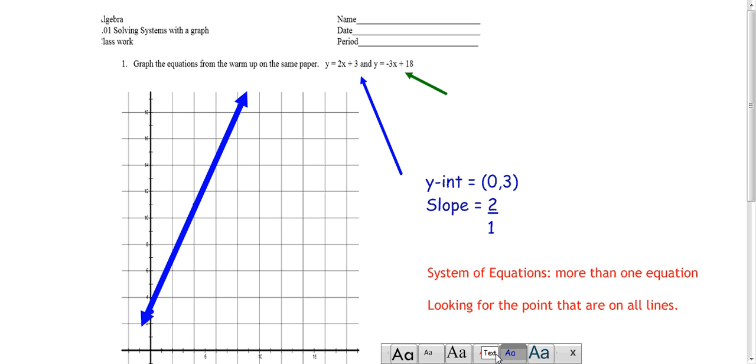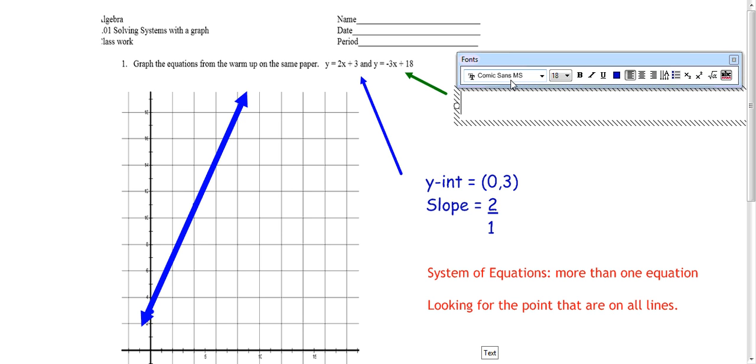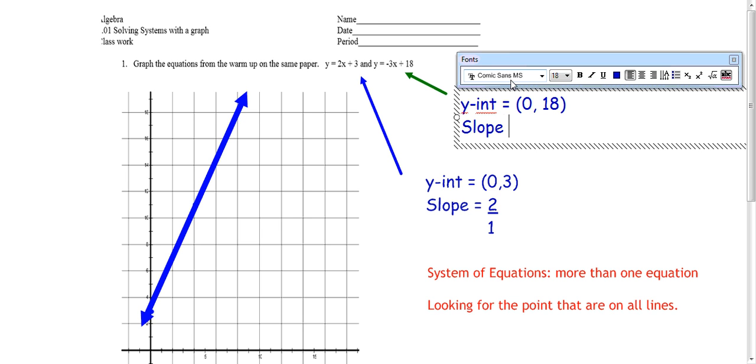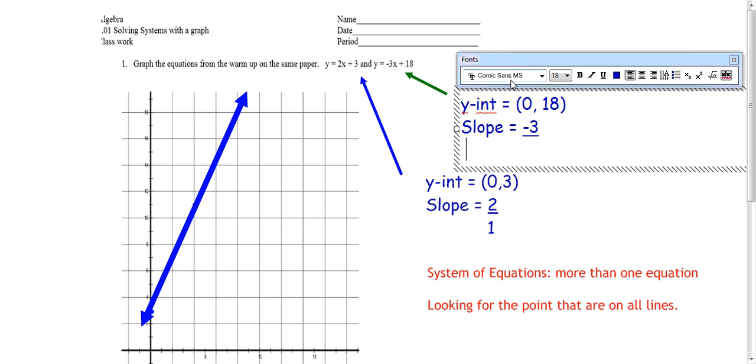In this case, your y-intercept is (0, 18), and your slope is going to equal negative 3 over 1.